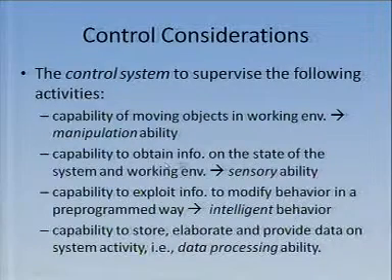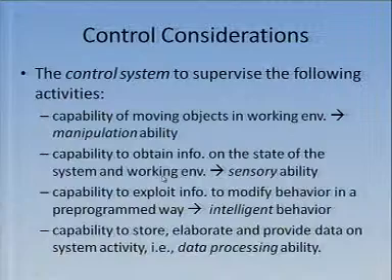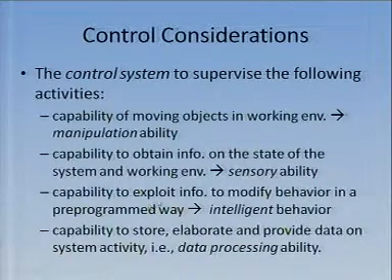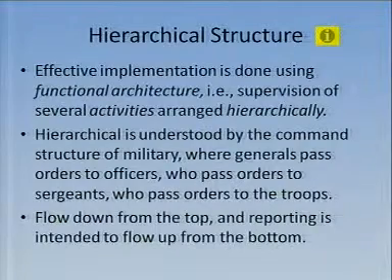It should have the ability to know the sensor information, so we call it sensory ability. It should have the ability to modify the behavior in a pre-programmed way, that is the control laws. It should have intelligent behavior abilities, and the ability to store, elaborate and provide data on system activities, which is data processing abilities.